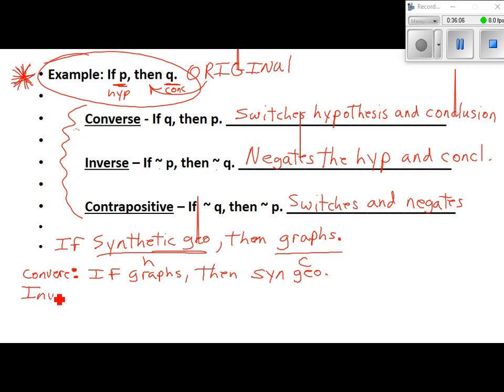Inverse. What's the inverse do? Okay, negates both parts. So what's it going to say? If not, remember, go back to the original. If not synthetic geo, then what? Not graphs.